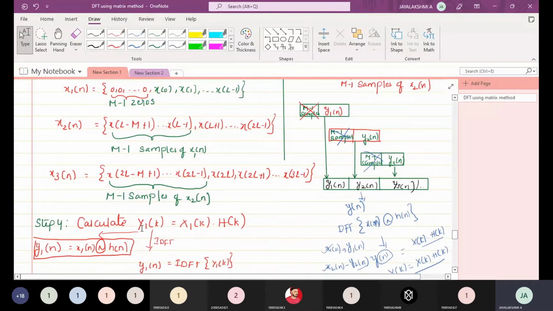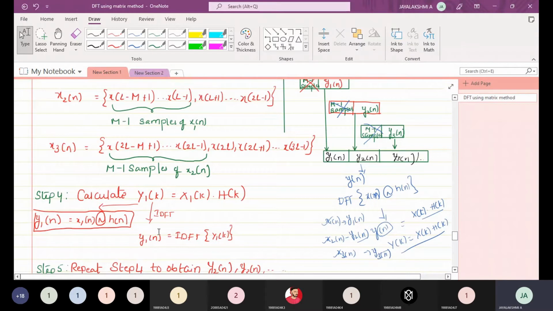After finding x1 of n, x2 of n, x3 of n, we need to calculate y1 of k, and by taking the inverse discrete Fourier transform we can find y of n. Here we are computing y of k and y of n using DFT and IDFT.